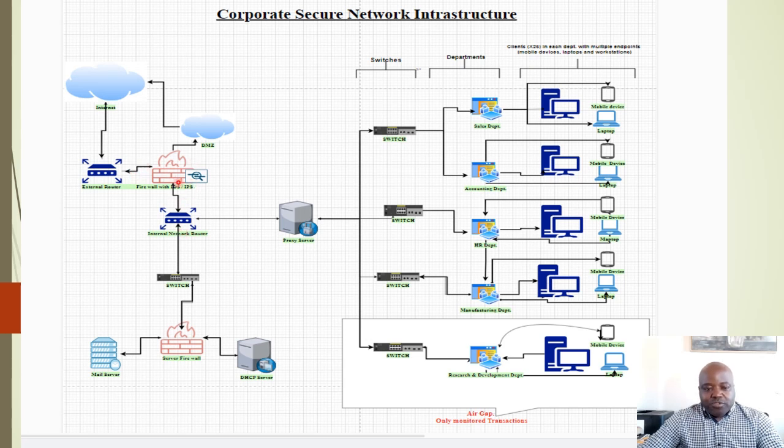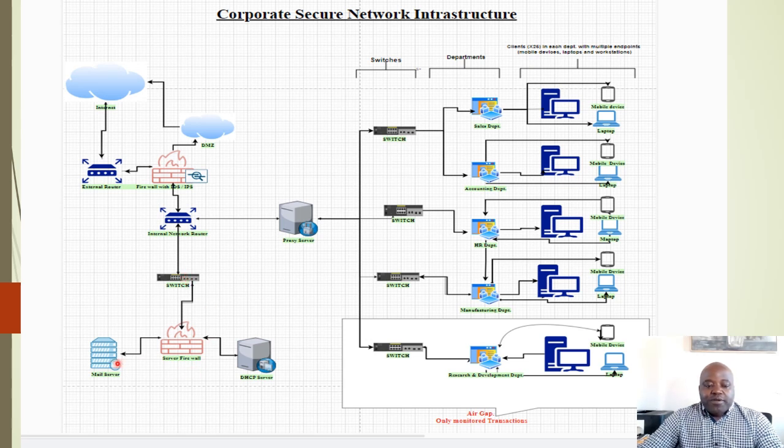If you get access from the internet through the demilitarized zone, then we have another router that routes traffic, sending traffic to the proxy server back and forth, and to the servers, the mail server and a DHCP server. Then we'll have a switch that helps to do that network distribution.